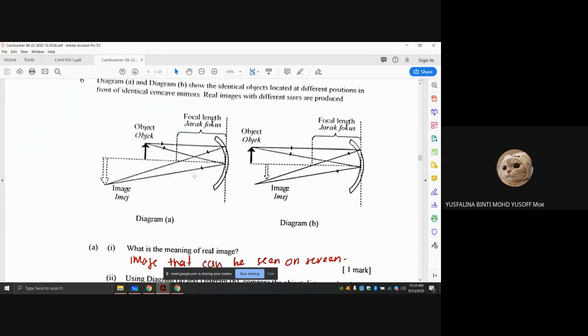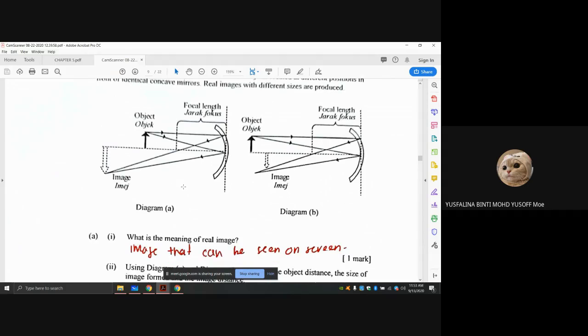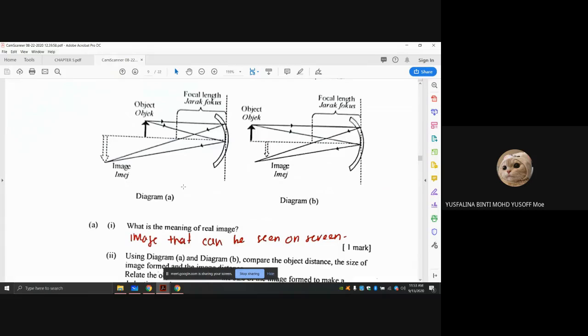You see the object distance is different, so the size of the image will also be different. What is the meaning of real image? Before this, what is the meaning of virtual image? Image that cannot be formed on the screen. For a real image, it is an image that can be seen on the screen.